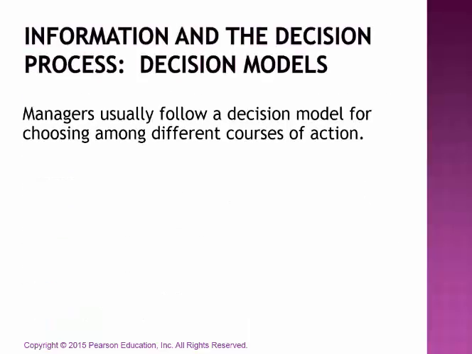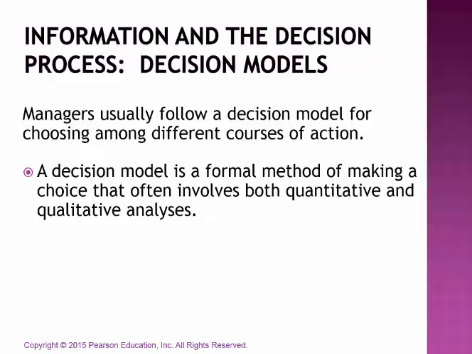All right, so decision models, we will be using the 5-step process. Managers usually follow a decision model for choosing among their different courses of action, and we're going to see a multitude of different decision possibilities throughout this chapter. A decision model is a formal method of making a choice that often involves both quantitative and qualitative analysis.